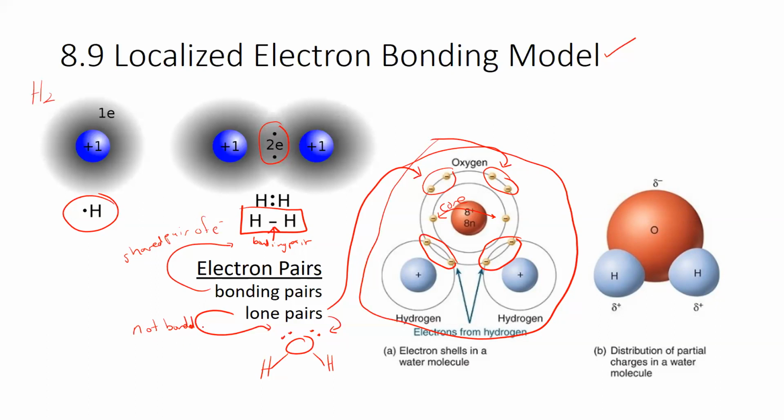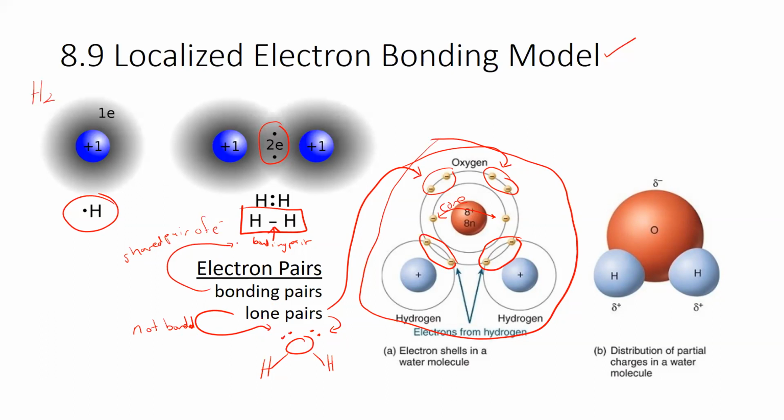But when we look at the localized electron bonding model, we're saying that the electrons are going to either reside in lone pairs, and they're going to sit essentially in an orbital on that oxygen atom as a lone pair, or a pair of electrons sitting in that orbital.